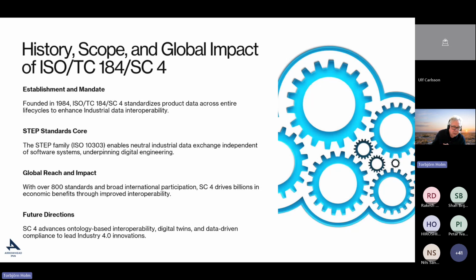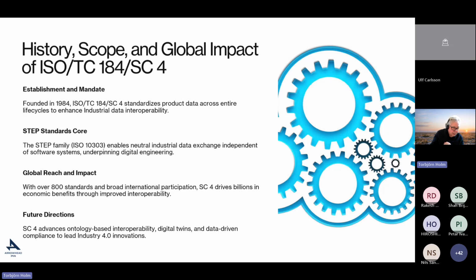And it's also connected very much to my friends at the PCA, Post-CSAR Association. Without this knowledge in the PCA, this work would also have been very hard to do. STEP drives billions of dollars in economic benefits and is one of the really good examples of information model standards.